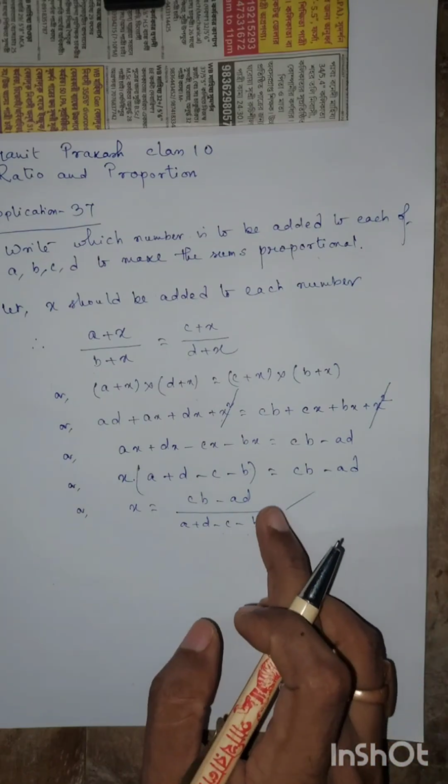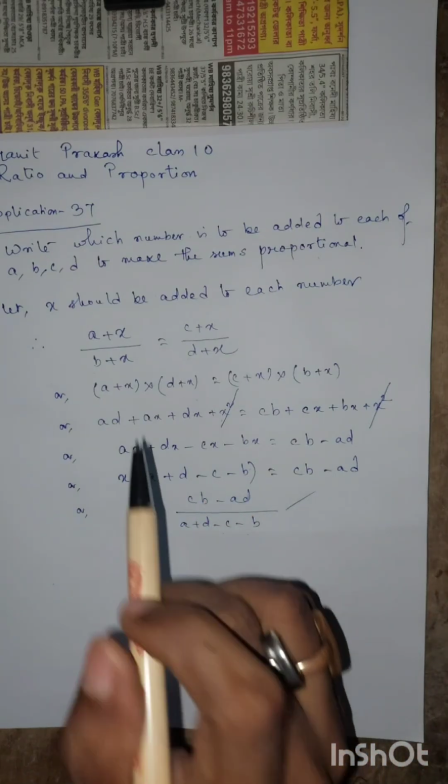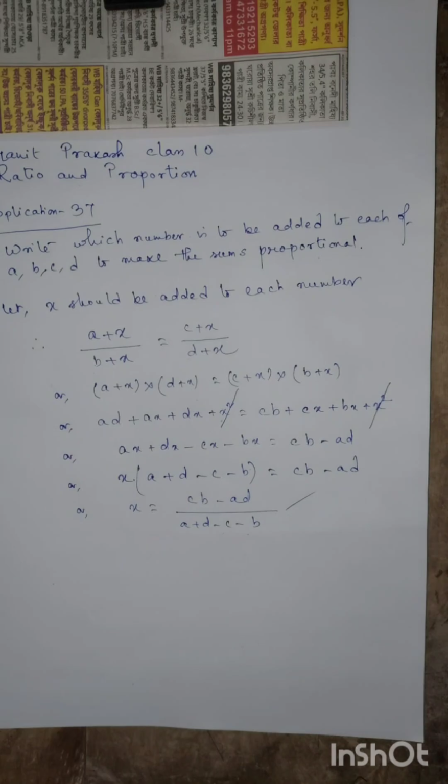That means this quantity should be added to each of these terms to make the resulting numbers proportional.